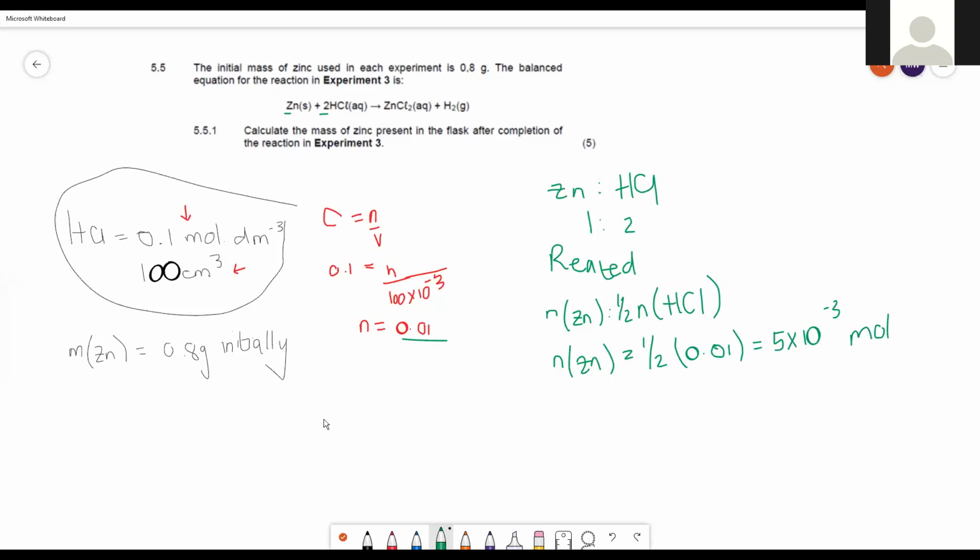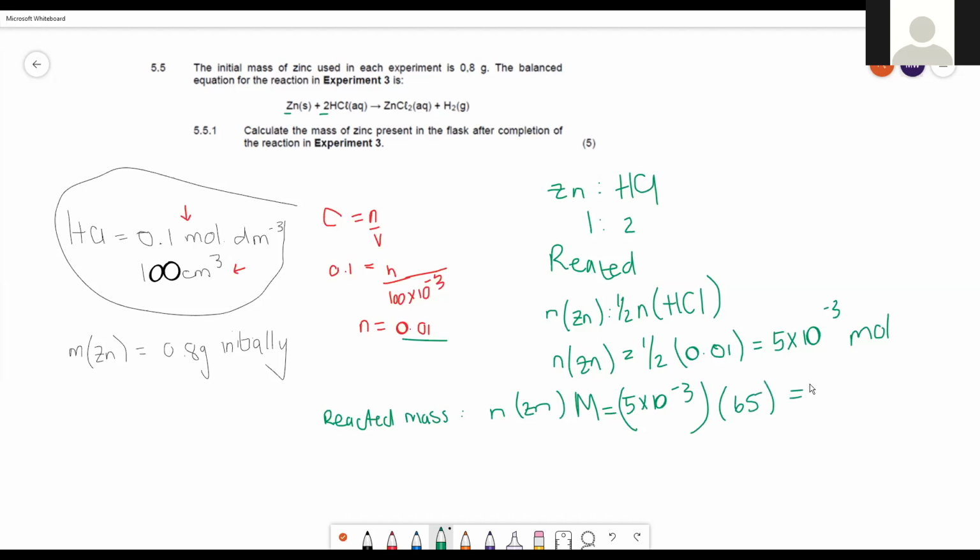So we say that the reacted mass is then going to be your N of zinc times your molar mass, which is 5 times 10 to the negative 3, and you multiply that with 65 because that is zinc's molar mass on the periodic table.